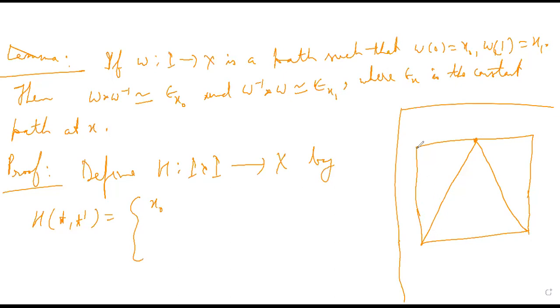This is t prime. This is t. This is half, 1, right? Half, 0. So omega we will cover in this portion, and then omega inverse will cover in this portion, right?